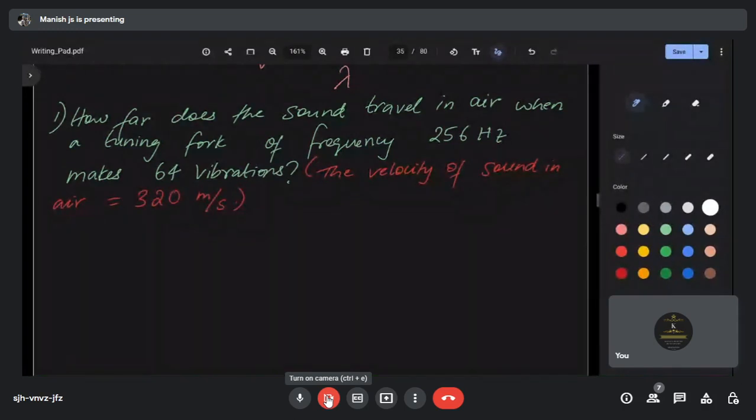Yes, what is the relation? Yes, யாருக்காச்சும் ஆன்சர் கிடைச்சதுங்களா? என்ன கொடுத்திருக்காங்க? What is given in this question?